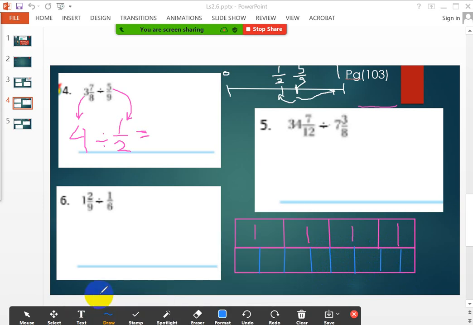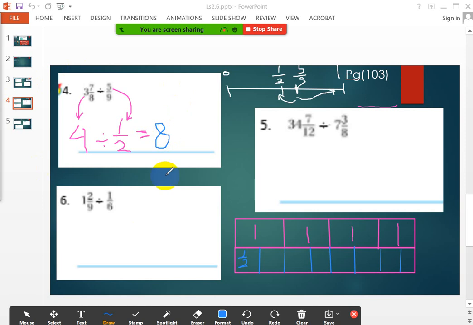When I want to divide 4 by 1/2, count the number of parts. So 1, 2, 3, 4, 5, 6, 7, 8. That's why the answer will be 8.